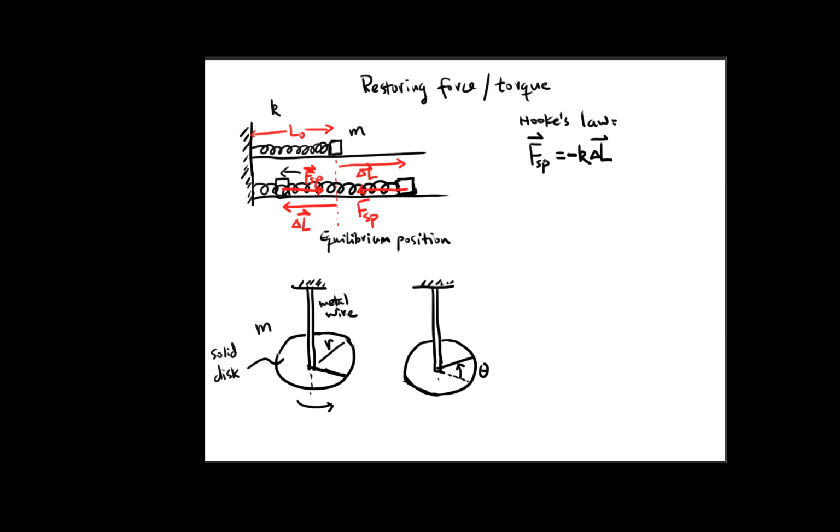But now, why do we have such an oscillation? We know in order to have rotation, there needs to be torque applied on such an object. And the torque comes from this metal wire. So if you twist this metal wire, it's going to generate a restoring torque.